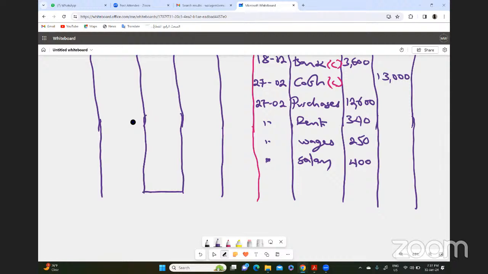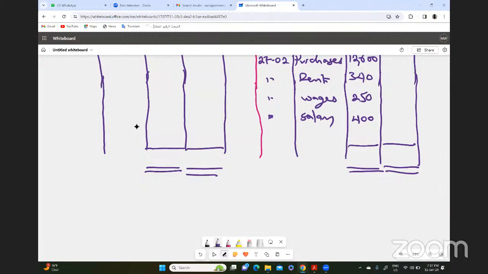On the debit side, cash, debit side. Yes. I have 26,540. Please don't write it down the way I've written it. I'm assessing which side is greater.